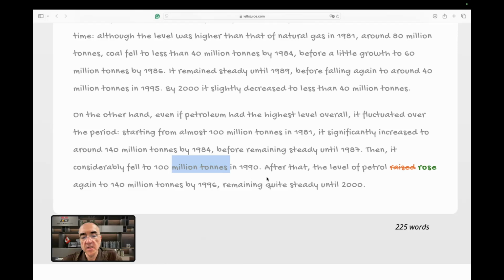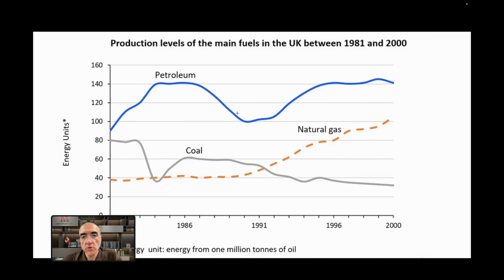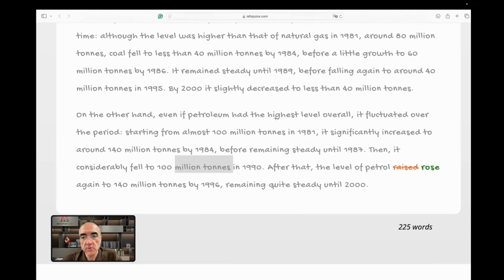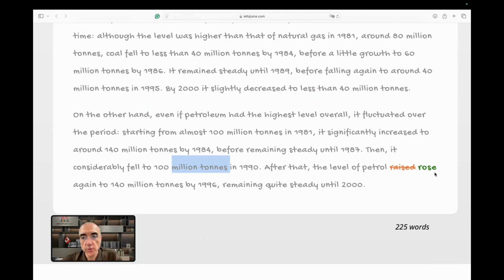In 1990, after that, the level of petrol rose. Rose is the past form of rise. That's a different verb. Raise is a different verb.